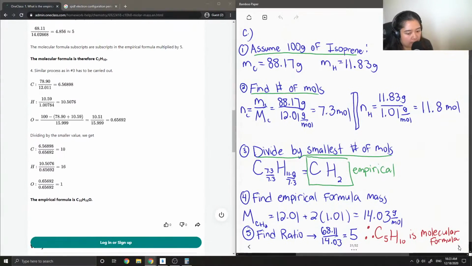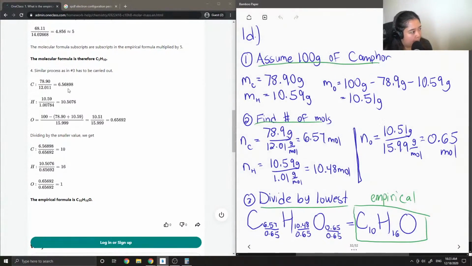And now let's look at the last part. Similar process as in number 3 to be carried out. Okay, so they showed how to find all the number of moles. For carbon, 6.57, hydrogen, 10.5-ish, and then for oxygen, 0.65.